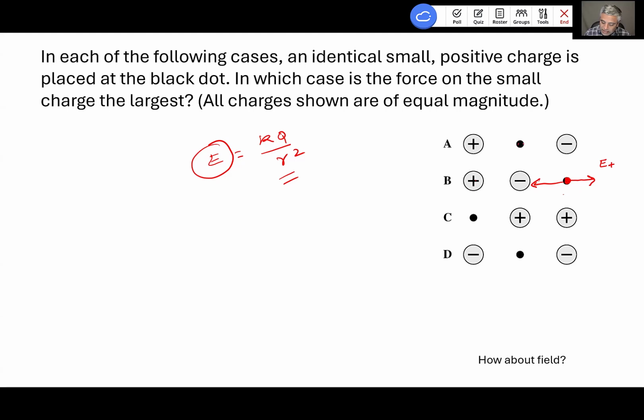So this small charge here is like a test charge. Let's make this force now field. So I slightly modified this. Let's look at field.